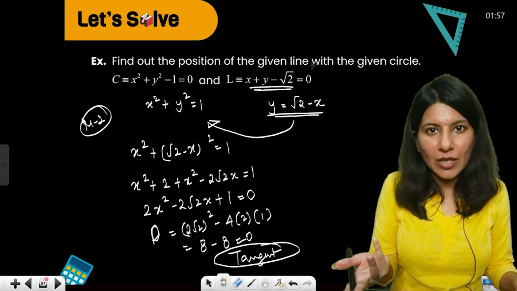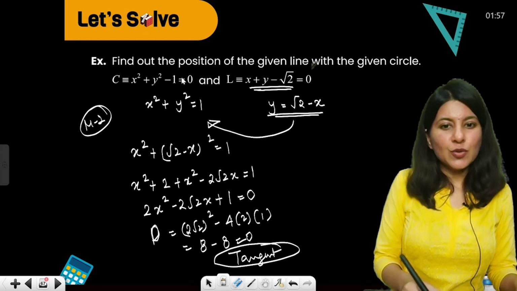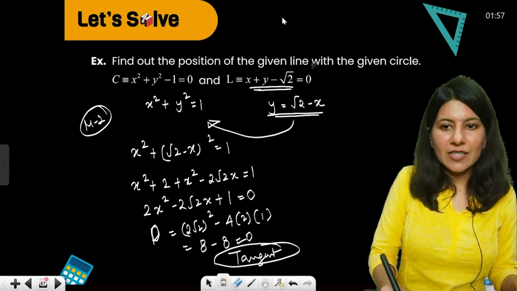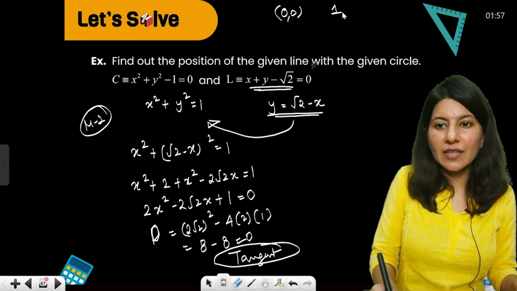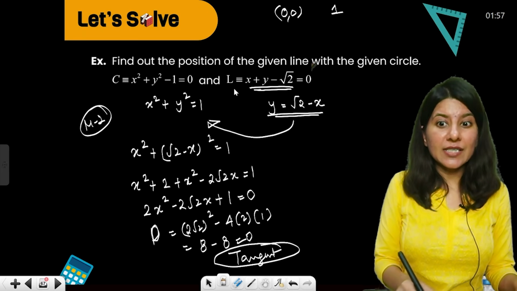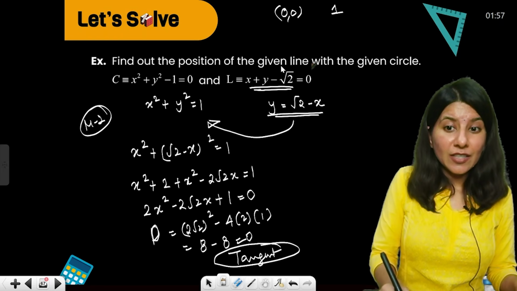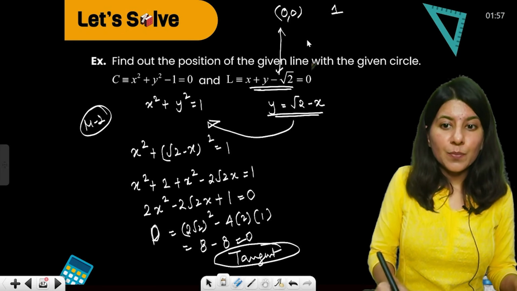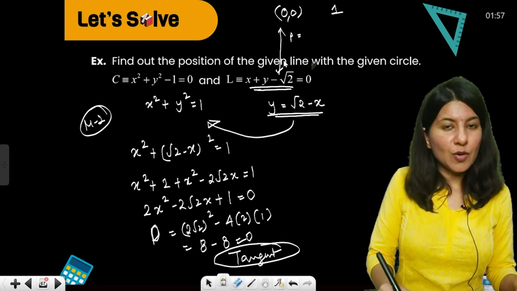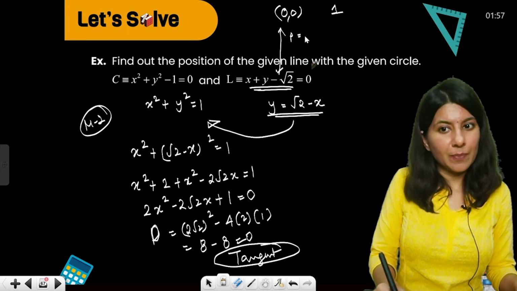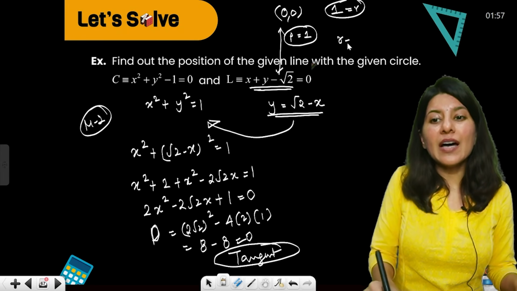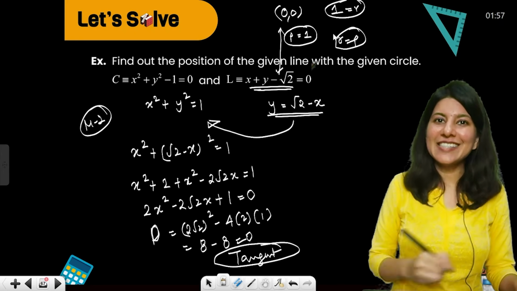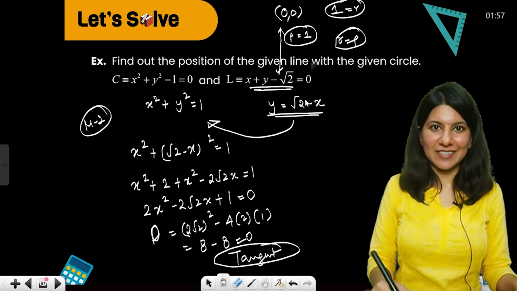One more thing you can do is find the center of the circle, which is (0, 0), the radius of the circle 1, and the perpendicular distance from this center to this line. P also comes out as 1, and the radius is also 1. So when r equals p, your line is tangent to the circle.